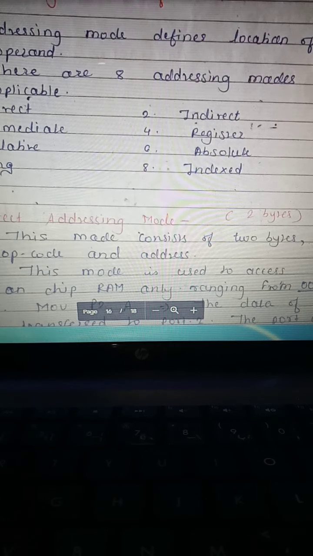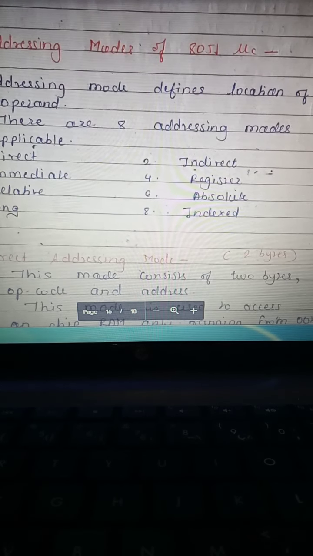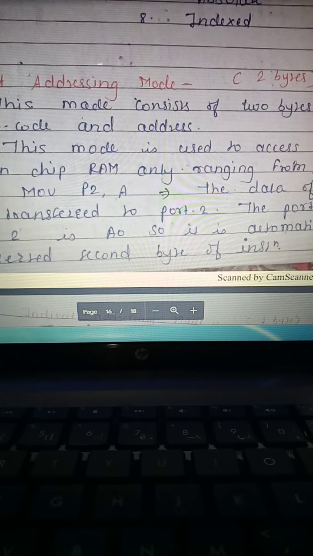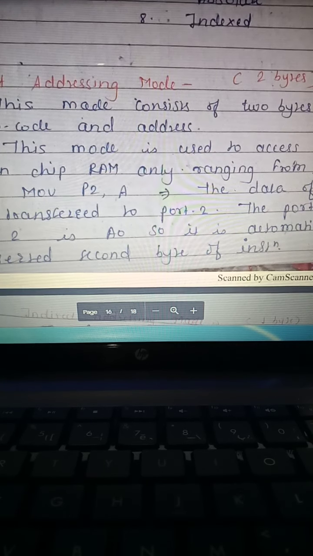Now we'll discuss the addressing modes of the 8051 microcontroller. There are a total of 8 addressing modes: direct, indirect, immediate, register, relative, absolute, long and indexed. In direct addressing mode, the instruction is 2 bytes, and the address is already mentioned in the instruction itself, that's why it is referred to as direct addressing mode.